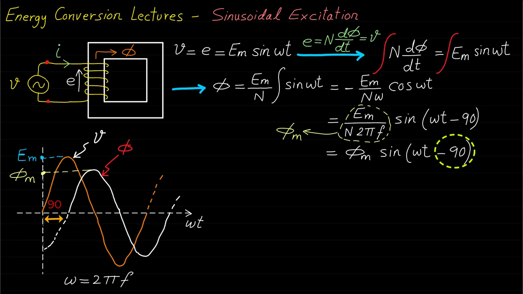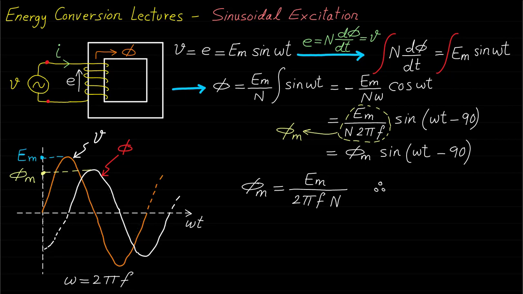The maximum value phi m of the magnetic field phi is equal to Em over 2 pi f N. If we rearrange this formula, the maximum and RMS value of the induced voltage can be calculated as follows.